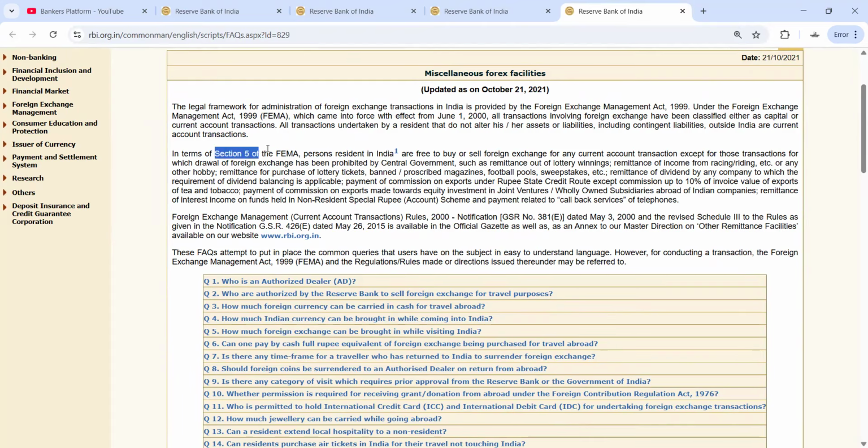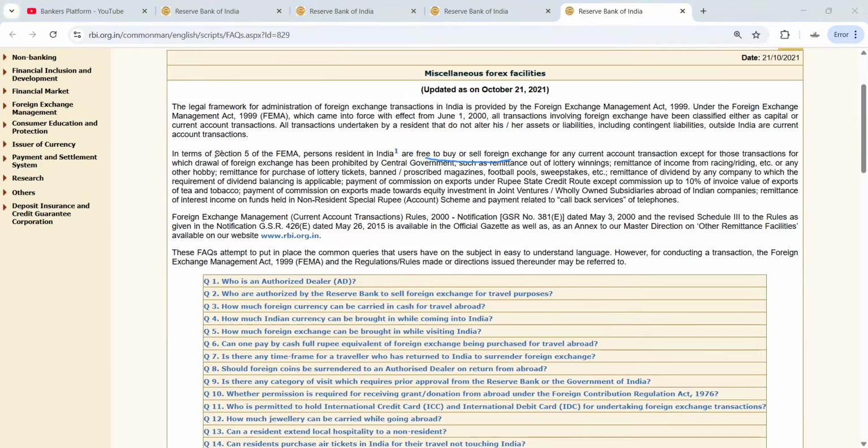And in terms of Section 5 of FEMA, persons resident in India are free to buy or sell foreign exchange for any current account transaction, except for those for which withdrawal of foreign exchange has been prohibited by the central government. So this question can be asked: on what basis can a person freely buy or sell foreign exchange?